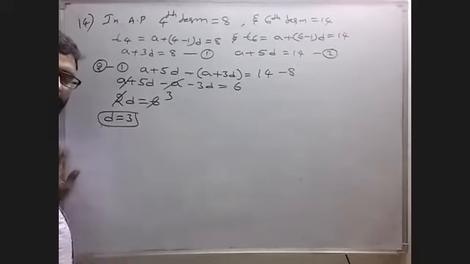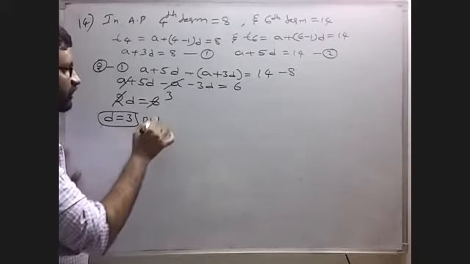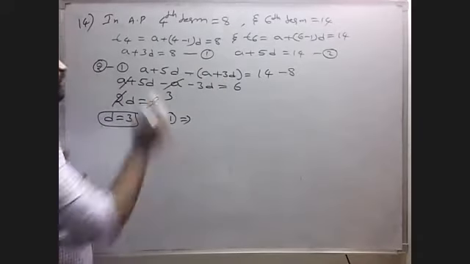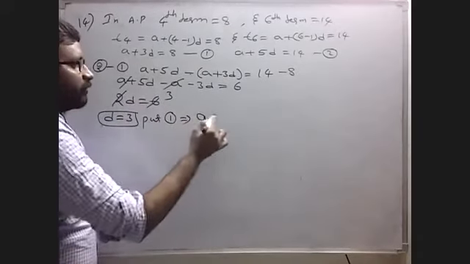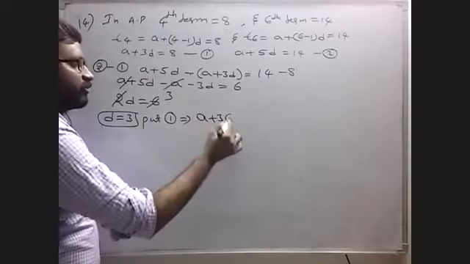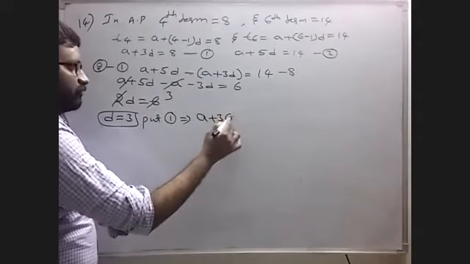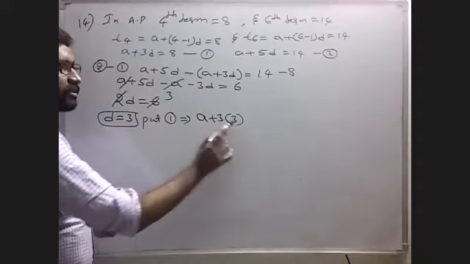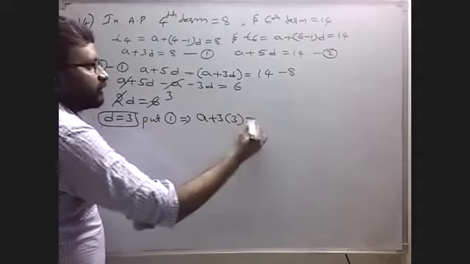D value is 3. Substitute this D value in equation number 1. Then what do you get? A plus 3 into D, and D is 3, is equal to 8.